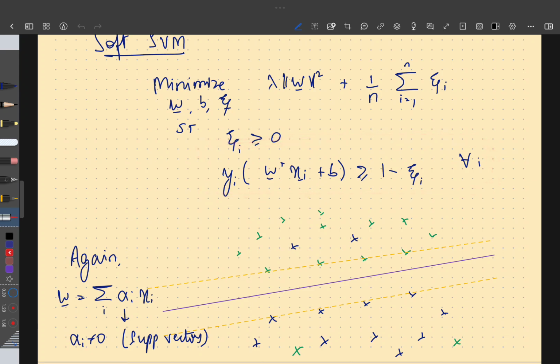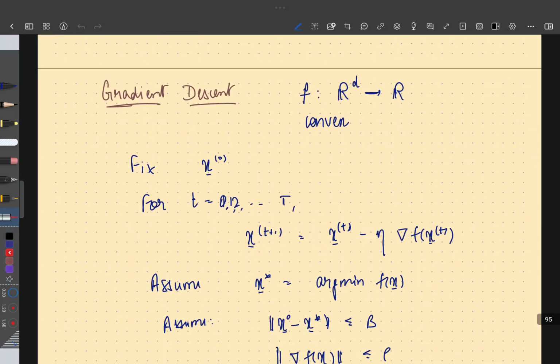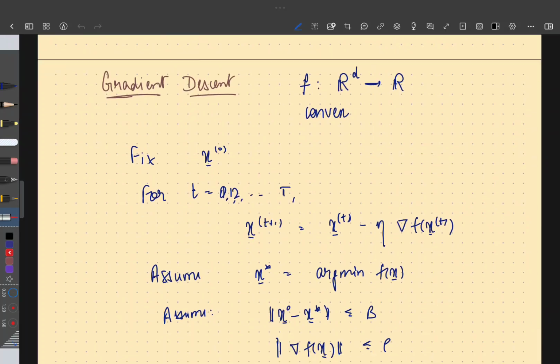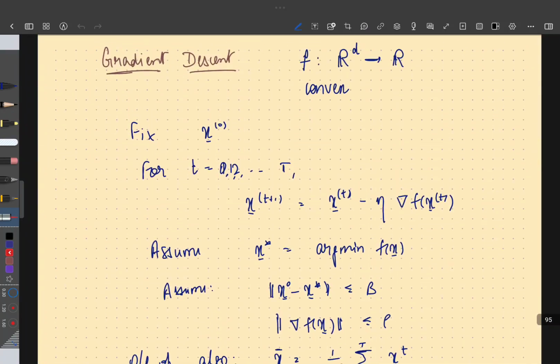So if you have a very large data set, then the computational complexity also scales at least linearly in that size. So then what do we do? The solution is to use these approximate gradient descent type of algorithms, specifically stochastic gradient descent. And that's what we'll see in some detail today.